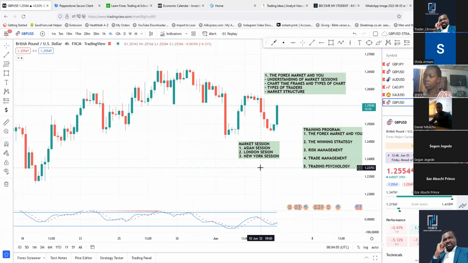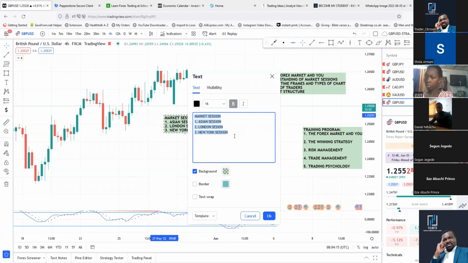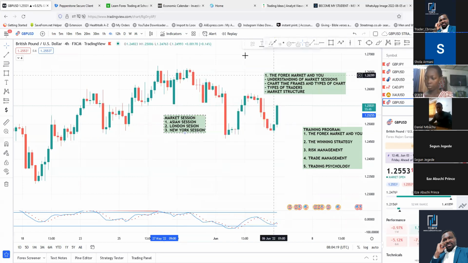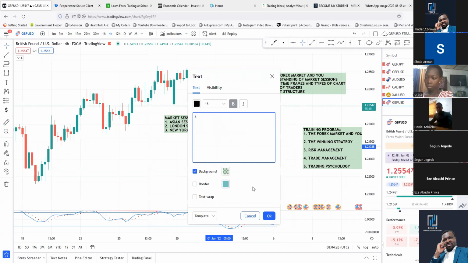Now, market sessions, what you should expect, and the opening hours and times is what I want you to focus on. Now, let's look at the Asia session specifically. While we're dealing with the Asia session, pay attention to this.